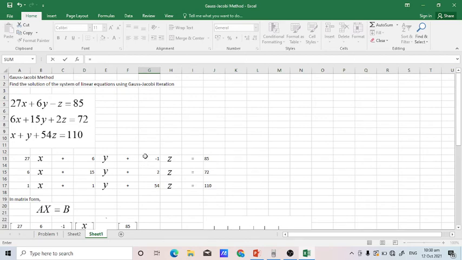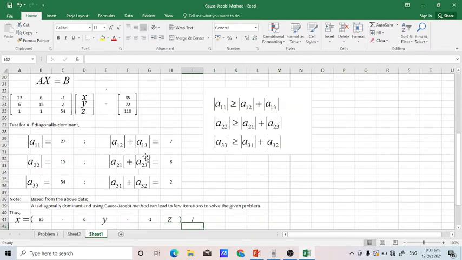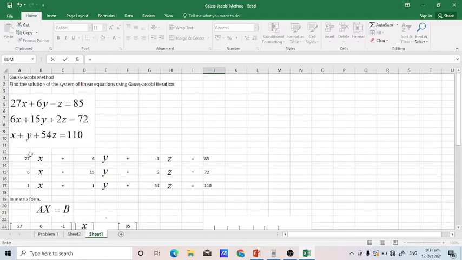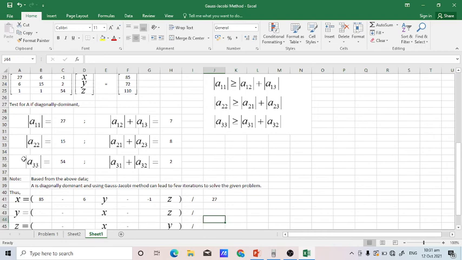Copy natin yan. Equals dyan. Ayan. Over kung ano yung coefficient ng x. Ano yung coefficient ng x dun sa first equation? So, ang coefficient niya ay 27. Enter. Ayun. Same para dito.